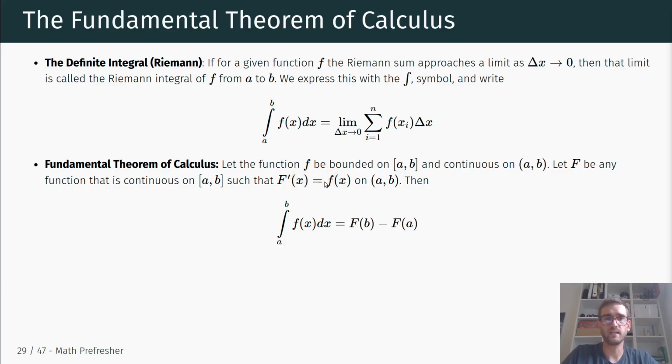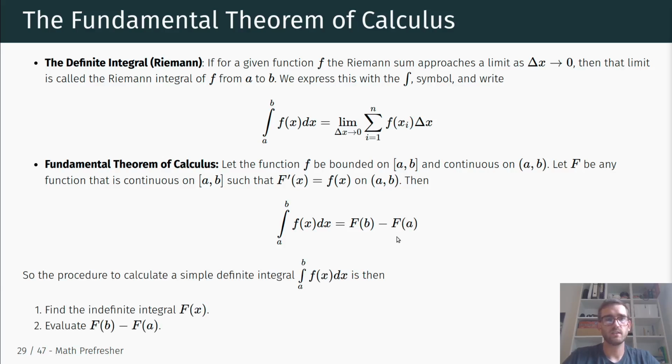So we can find the antiderivative on this interval between a and b. Then the definite integral between a and b of f of x dx is equal to the antiderivative evaluated at point b, the one end of the range, minus the value of the antiderivative at point a.